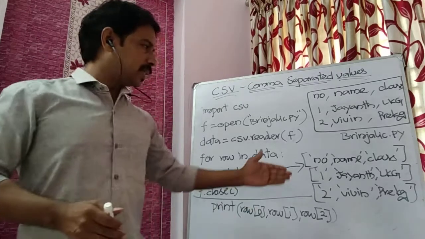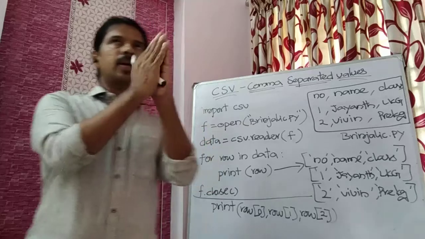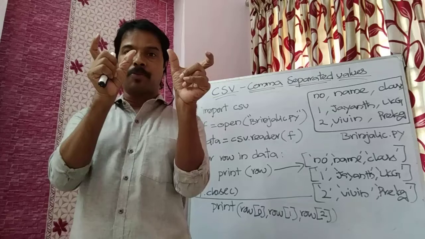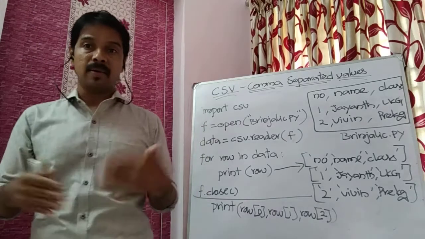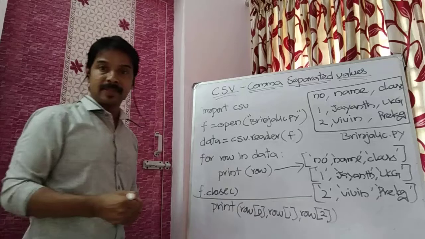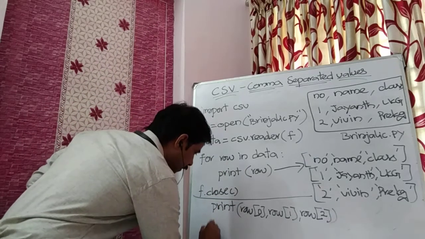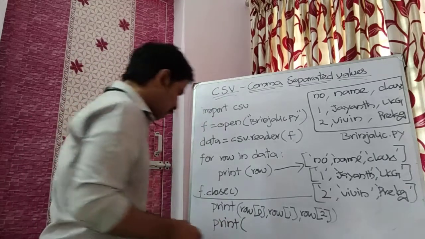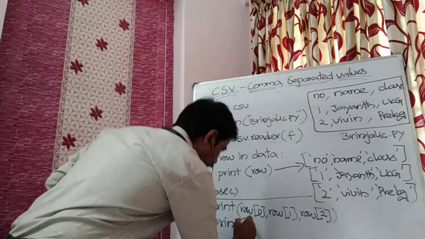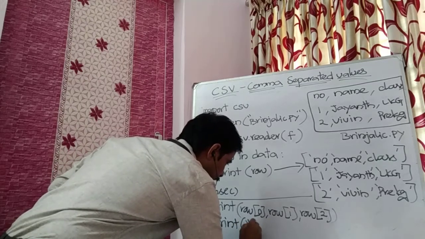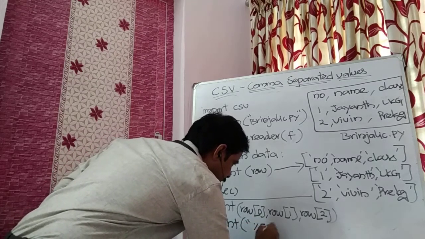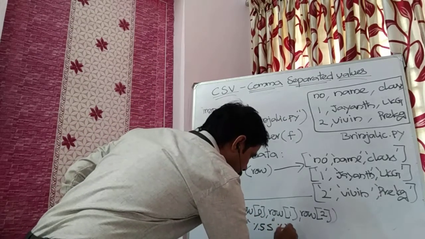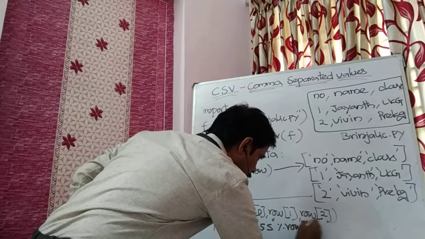Why? Because this is a record, and when a record is printed on the screen, you should be able to see a clear difference between one field and another. We need proper spacing for better understanding. In that case, we can go with another print. I hope you can see. Print, double quote, %5 yes, close the double quote, then percentage row of 0.